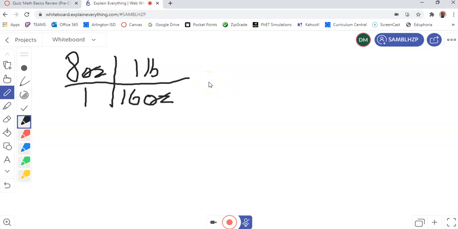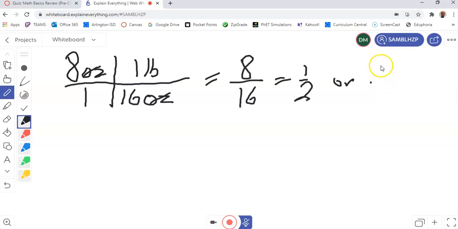We're going to use this same technique when we get to stoichiometric calculations, so you'll get really good at it. Multiply straight across, we get 8 over 16. And that is what? 1/2 or 0.5. And then don't forget pounds.